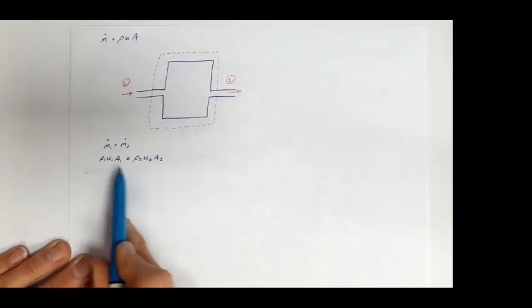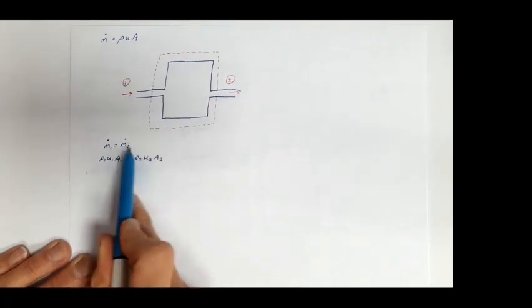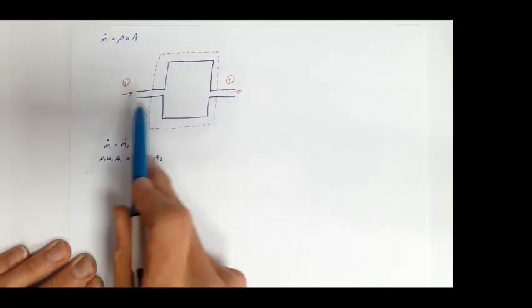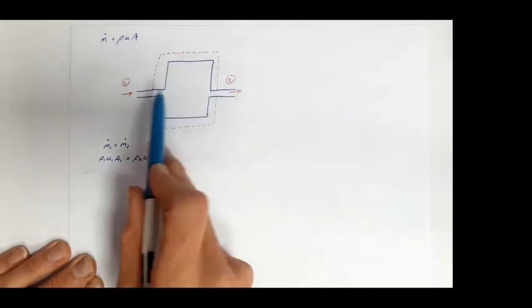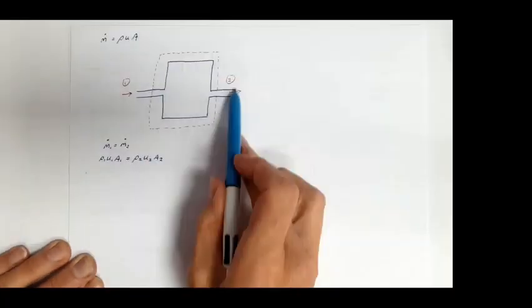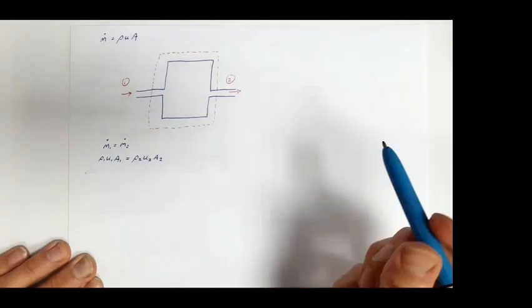Okay, so if we know some of those, we can work out what the others are. We can know the area of the inlet and the outlet. We can work out the velocity, for example. There we've got a simple system, one inlet and one outlet.